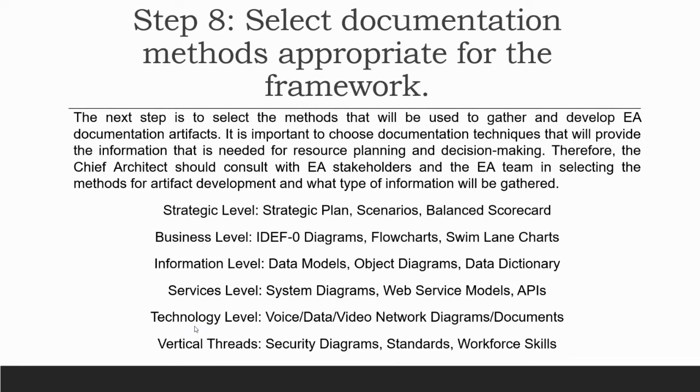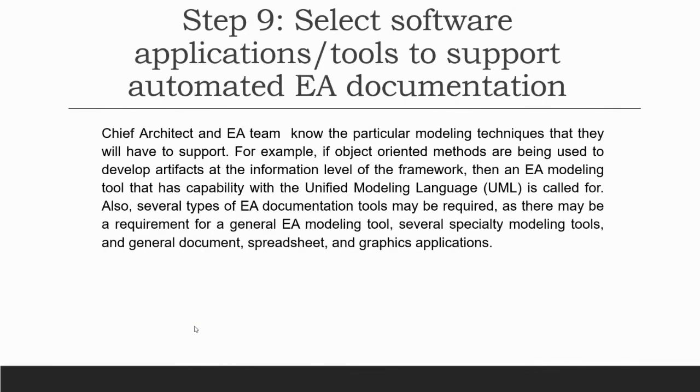Therefore, the chief architect should consult with EA stakeholders and the team in selecting the methods for artifact development and what type of information will be gathered. Step 9: select software application tools to support automated EA documentation.